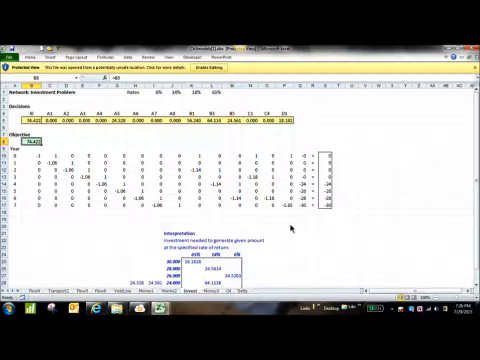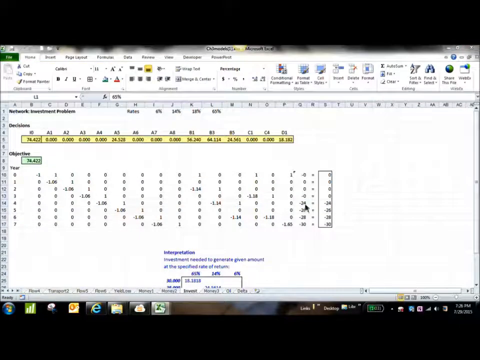The only difference is, can somebody guess? I think the difference is the rates. The rates. See these rates here? Those are going to be different. And what else is going to be different with this exercise? The investment at the bottom as well, the interpretation?